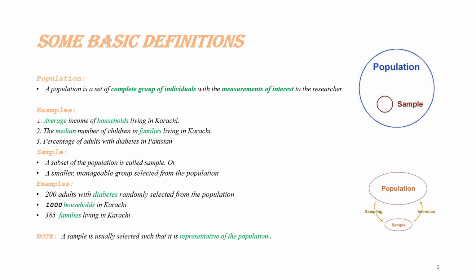Thousands of households in Karachi: the sample of households, and the sample size is 1000. 385 families living in Karachi, 385 families is the sample. Note: a sample is usually selected such that it is representative of the population.